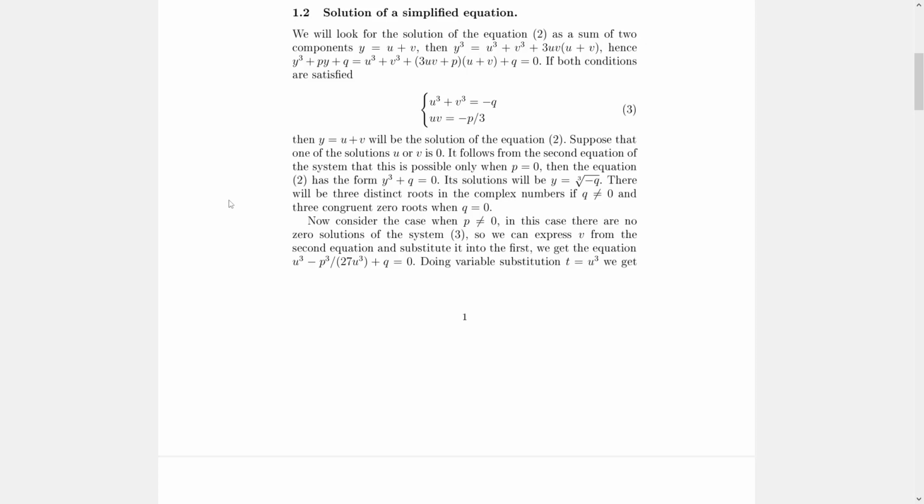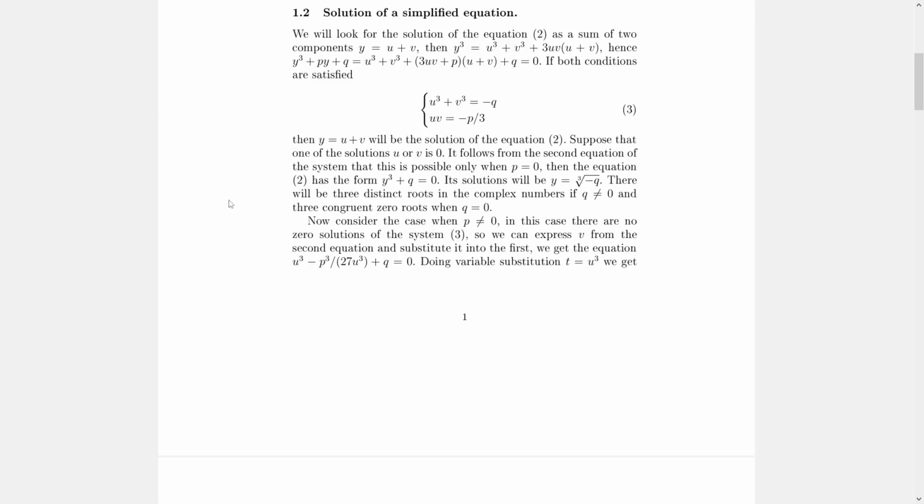Hence y cubed plus py plus q equals u cubed plus v cubed plus (3uv plus p) multiplied by (u plus v) plus q equals 0. If both conditions are satisfied, then y equals u plus v will be the solution of our equation.